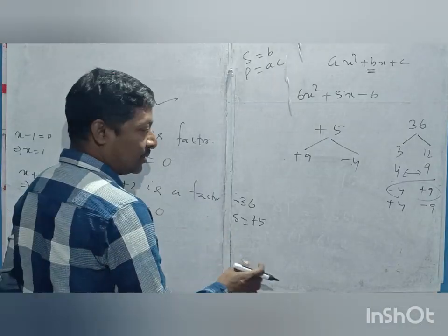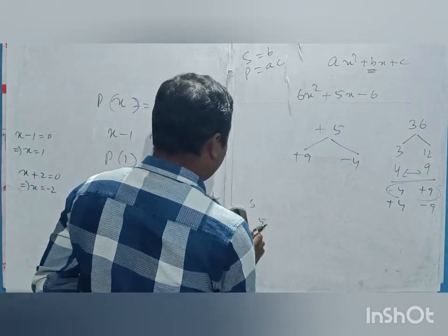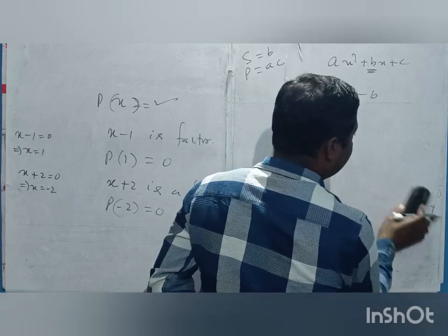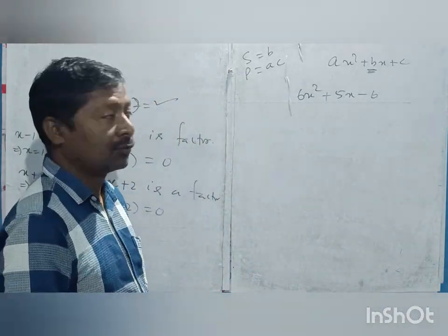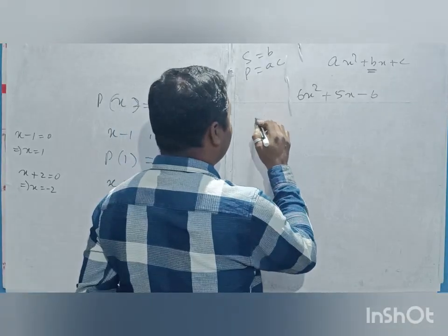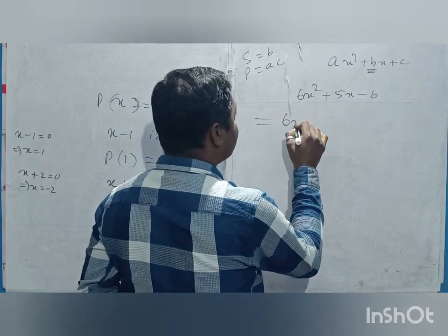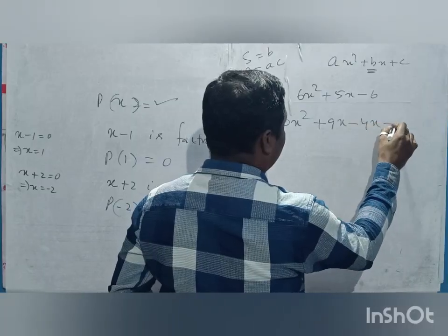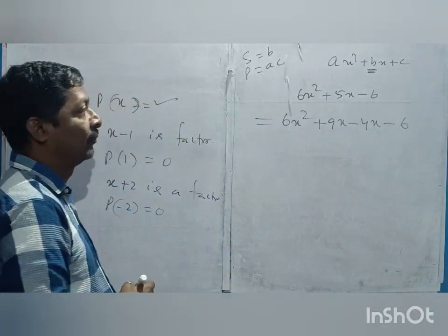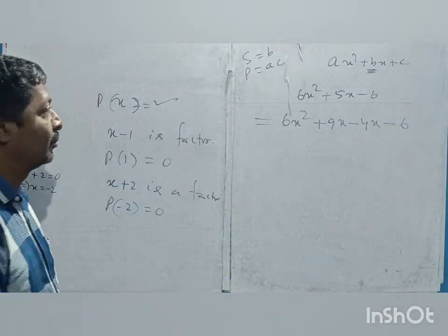Okay, so let's split. Always take some rough space to solve this one, don't do it haphazardly. 6x square plus 9x minus 4x minus 6. Now we can proceed.